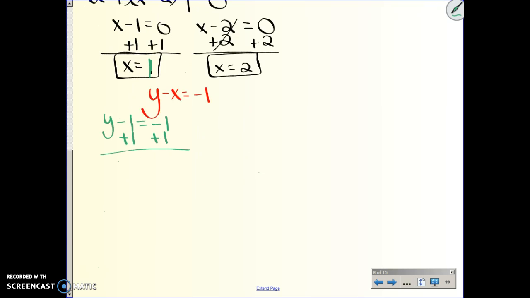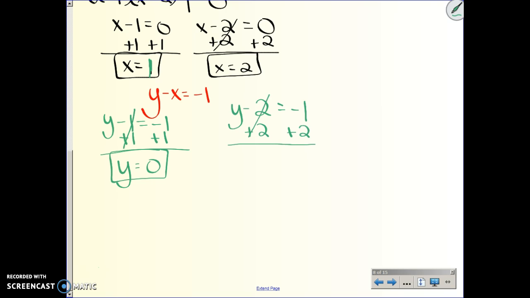Alright, well, y equals 0 for that one. Alright. And over here, y minus 2 equals negative 1. Add to both sides. So y equals positive 1. Alright, looking good so far.